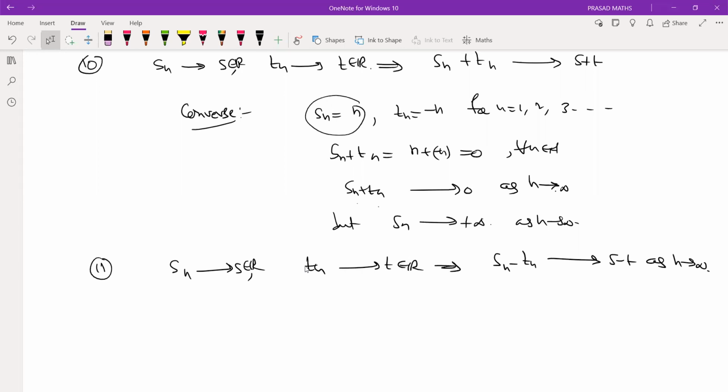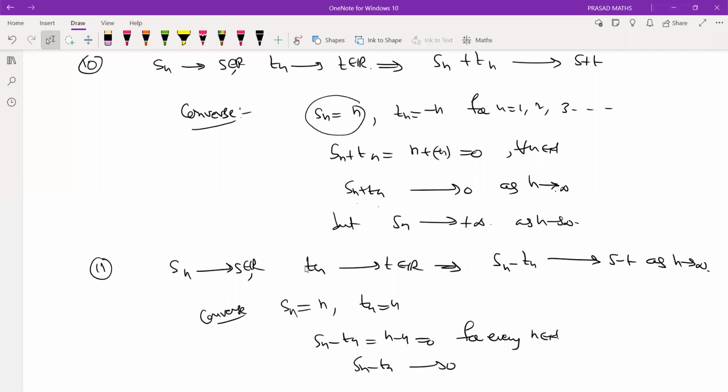But what about the converse? Suppose you take Sn equals n, Tn equals n. What about Sn minus Tn? It is n minus n, which is 0 for every n. It's a constant sequence.